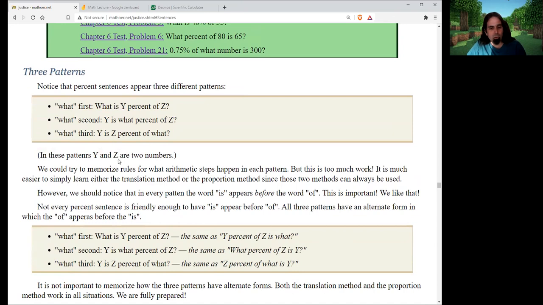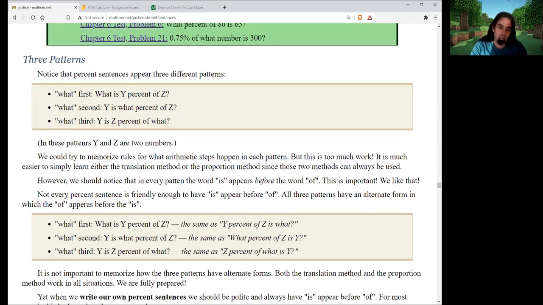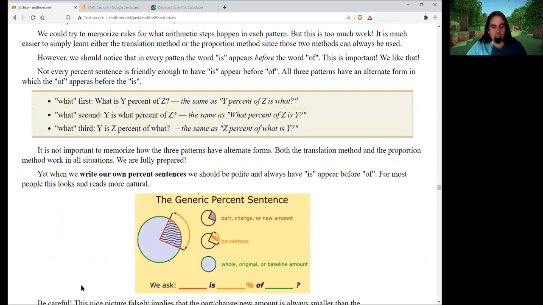If you try and memorize all sorts of rules, then you're going to make yourself do too much work. You'll have too many things of, oh, what situation is this? Do I multiply here or divide by here and so on? So don't bother to figure out the shortcuts. They're not really shortcuts.